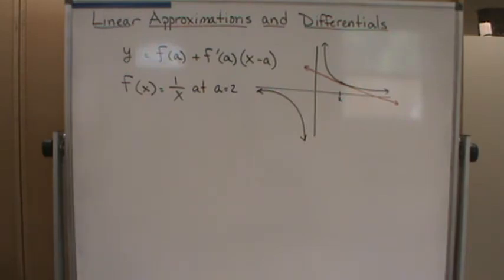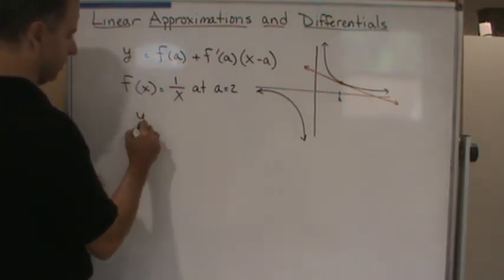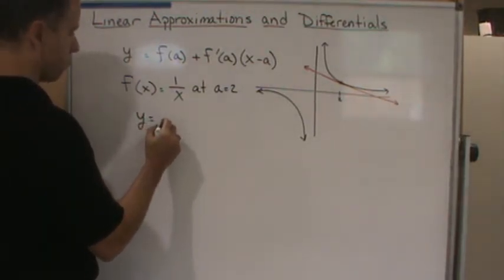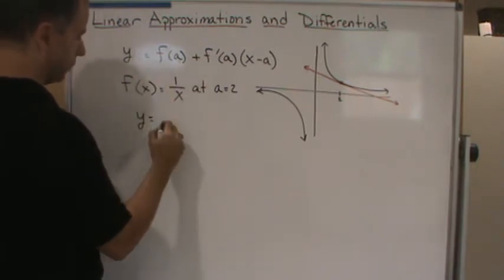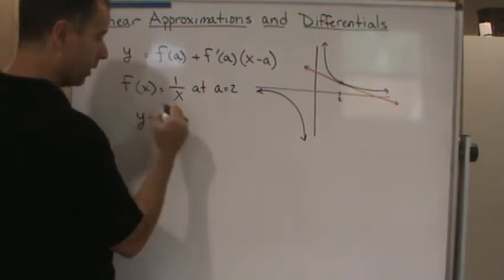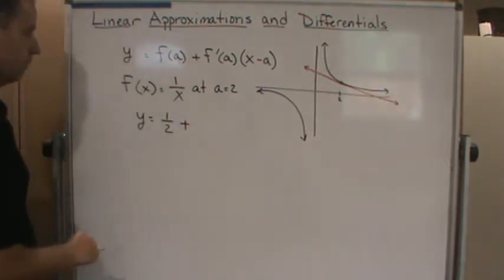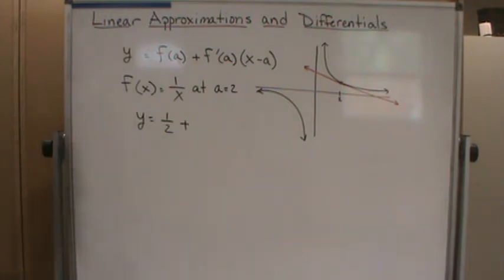Now the equation of the tangent line would be given by y equals f of a, which would be 1/2, plus the derivative, f prime of a.